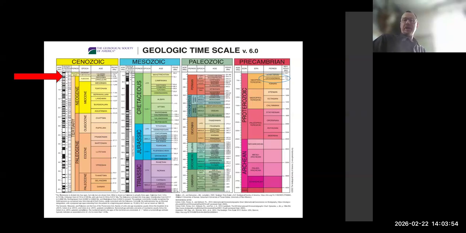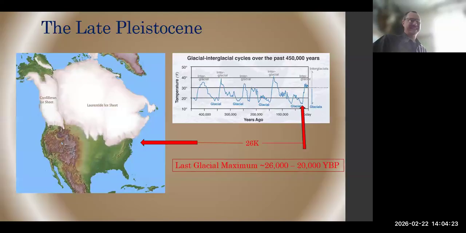This doesn't include earlier periods of Earth's history when ice sheets advanced, including this period under the blue oval called the Cryogenian, aptly named, when we believe almost the entire planet was covered in ice during what's called snowball Earth. The oceans were at least slush. I think that's the current research, right? But I digress. Back to the late Pleistocene, which occurred over about the last 500,000 years or so.